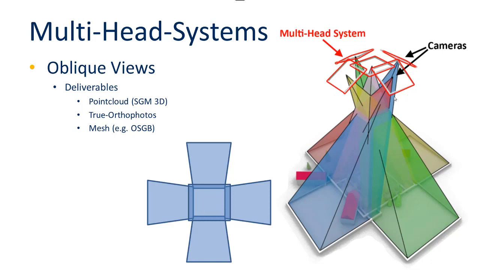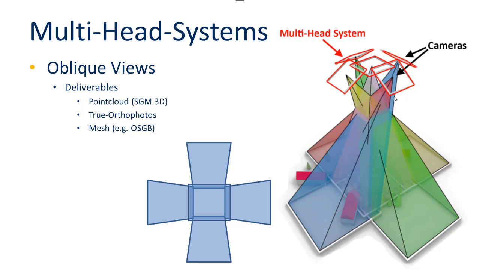So instead of just flying a nadir camera, you use a camera head system that has multiple cameras, which are not only looking straight down, but also with some degree, typically 40 degrees, but also other systems exist on our scene.